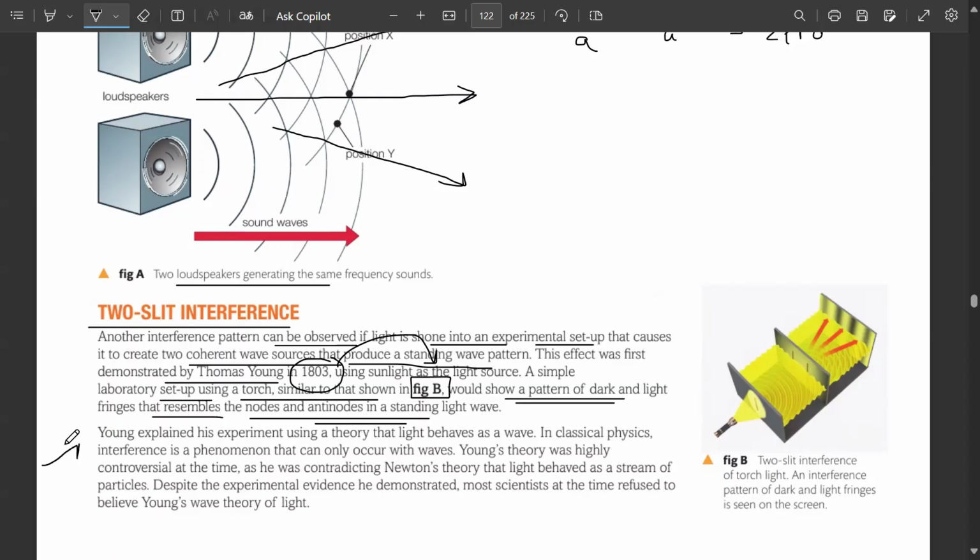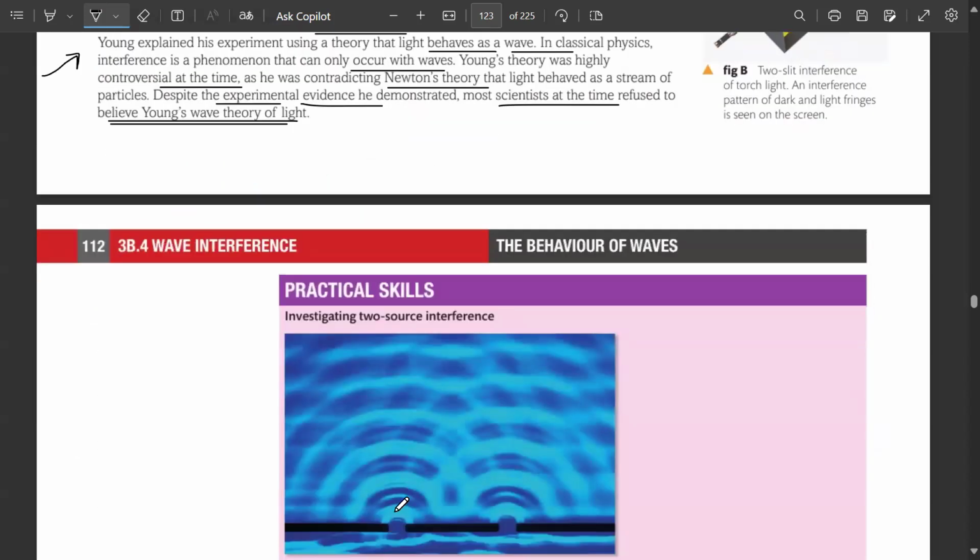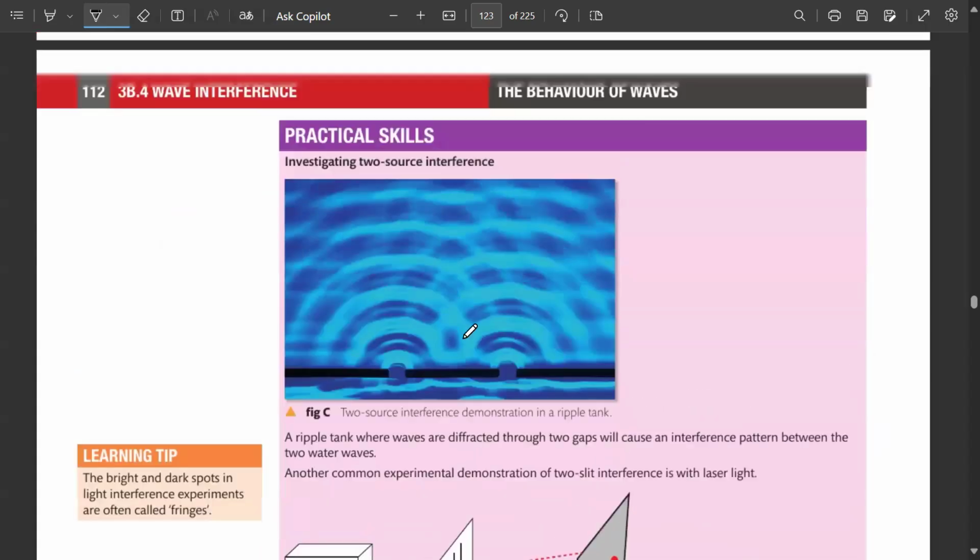Young also explained his experiment using a theory that light behaves as a wave, and in classical physics, interference is a phenomenon that can only occur with waves. Young's theory was highly controversial at the time as he was contradicting Newton's theory that light behaved as a stream of particles, and despite the experimental evidence he demonstrated, most scientists at that time refused to believe Young's wave theory of light.